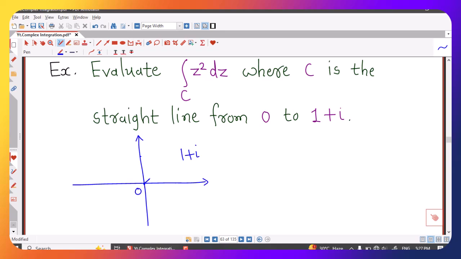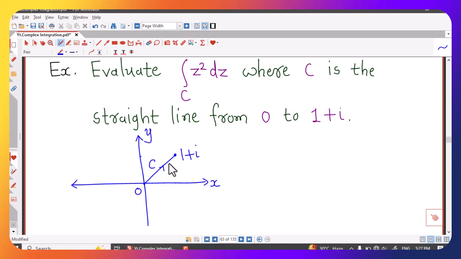So I have this type of situation. I want to integrate along this line segment from 0 to 1 plus i, and I know that this z square function is analytic everywhere. So I will consider the whole complex plane as the simply connected domain, and I can apply that result.